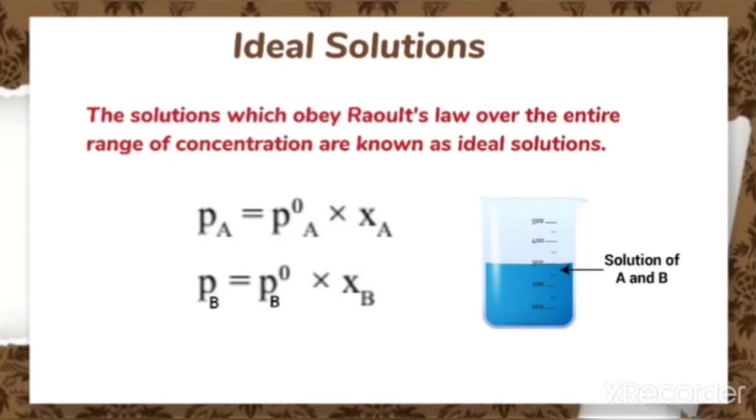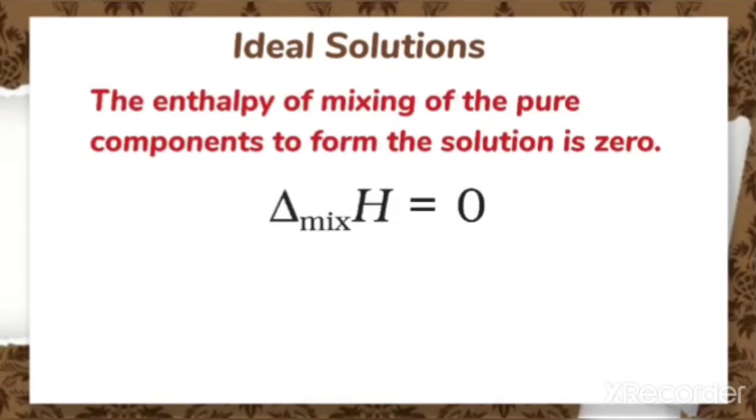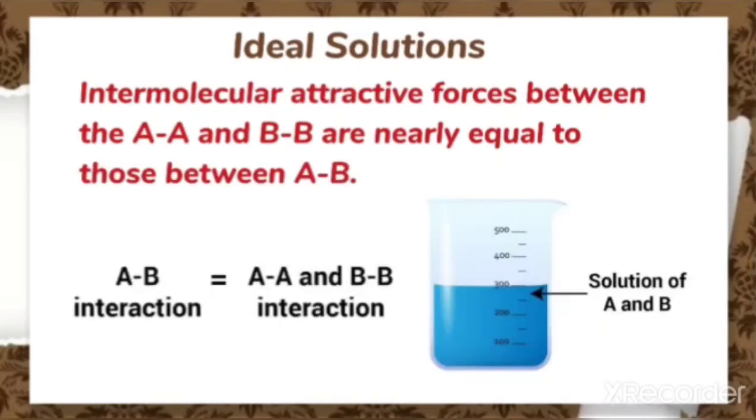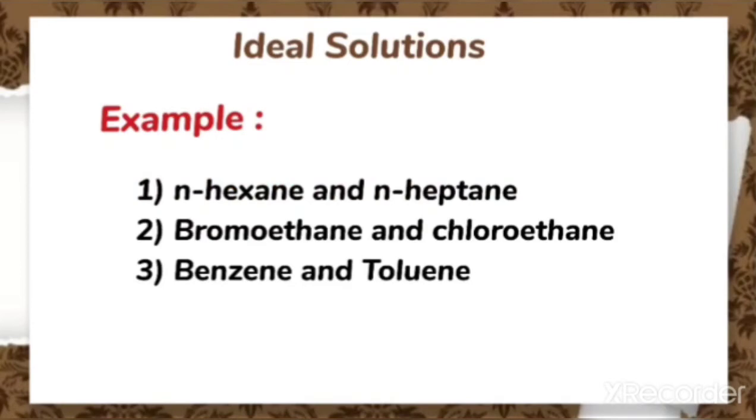In the ideal solution, delta H mixing is equal to 0 and delta V mixing is equal to 0. This is because the intermolecular attractive forces, that is the AB interaction, are equal to the AA and BB interactions. So these are the examples of ideal solution we have seen here.